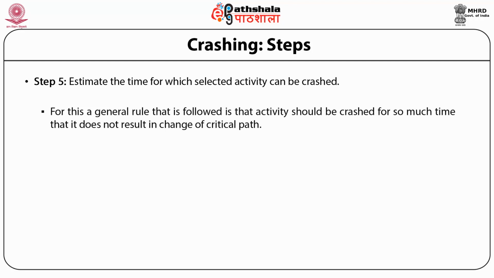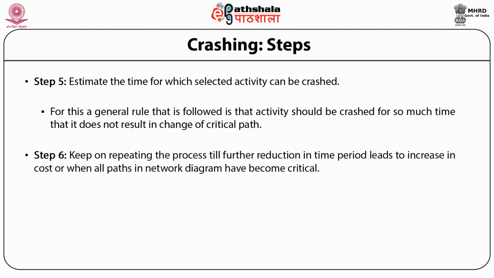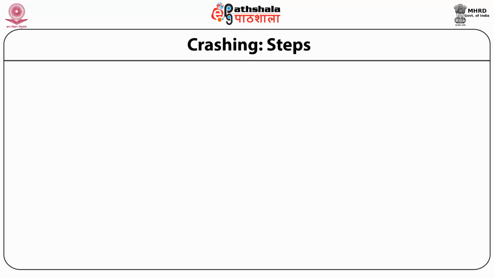For this, a general rule that is followed is that the activity should be crashed for so much time that it does not result in change of critical path. Step 6. Keep on repeating the process till further reduction in time period leads to increase in cost or when all paths in the network diagram have become critical.